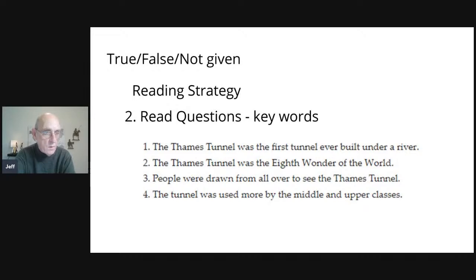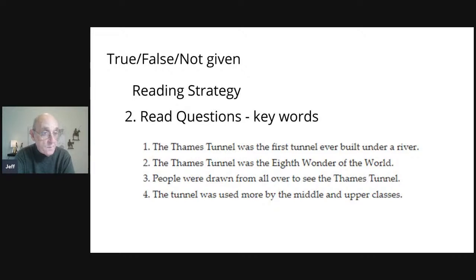Synonyms play an important role in the reading strategy, and also be aware of paraphrasing. So let me just explain a little bit more about this. You might see a word in the question, but in the reading passage, it will be a different word.